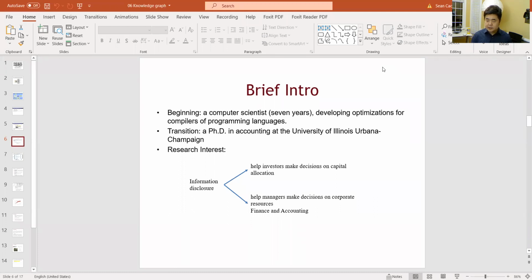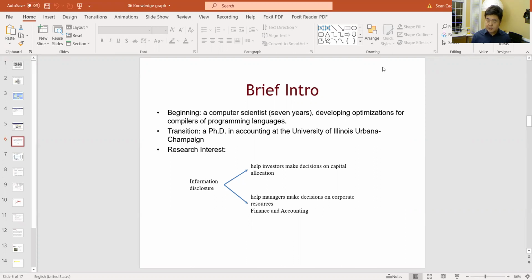Like I said, when people hear big data, machine learning, it sounds very intangible, something remote. But actually it's not. It's very focused for us, for business, for finance, and for information systems. What we need is how we can apply the technology to help investors, and how we can apply the technology to help managers.